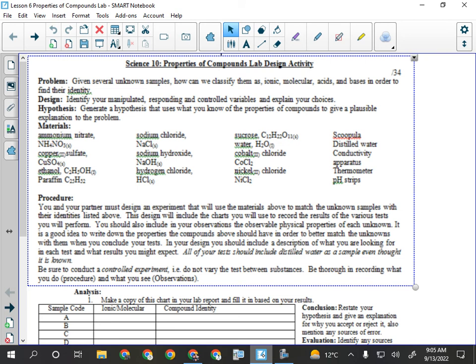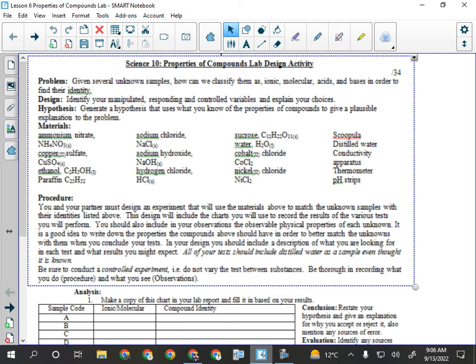All right, so the next part that we have to go over is the design. So that's our manipulated, responding, and controlled variables. So again, review from yesterday. The expectation here is that you identify your manipulated variable and you explain how it's being manipulated and why it's being manipulated. For your responding variable, you identify what variable is responding, how it's responding, what that's going to mean.